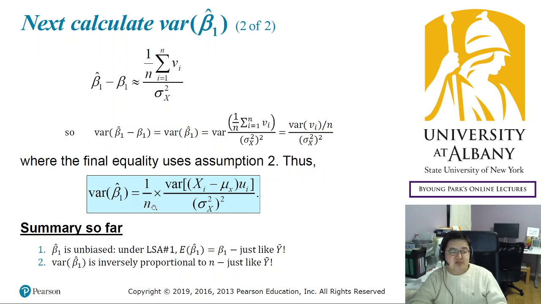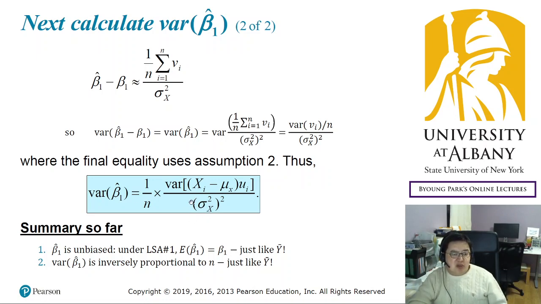Large sample size implies smaller variance, so it's natural. And also the error term is inside here. The variance of the error term is another key determinant of the accuracy of your estimator. As I said, if your error term has larger variance, your estimator will be inaccurate and will have large variations.